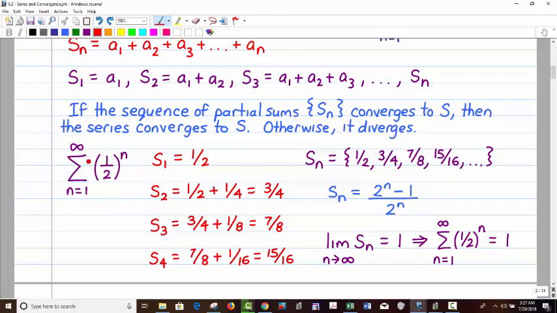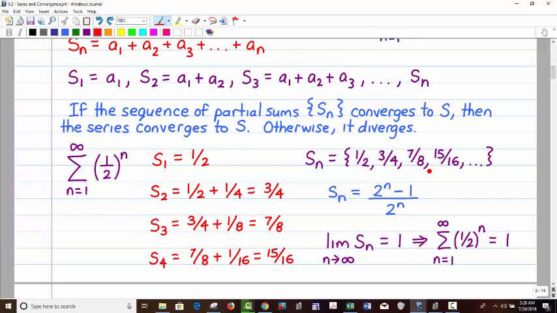But anyway, here's what it would look like for this same example. S1 would be 1/2. S2 would be 1/2 plus 1/4, which is 3/4. The next one would be all three added together, which is 7/8. 1/8 is the third term of the sequence, since the terms are 1/2, 1/4, 1/8, 1/16.